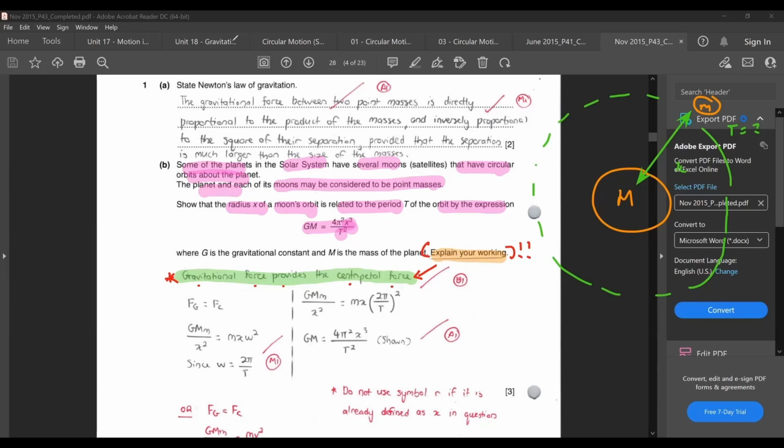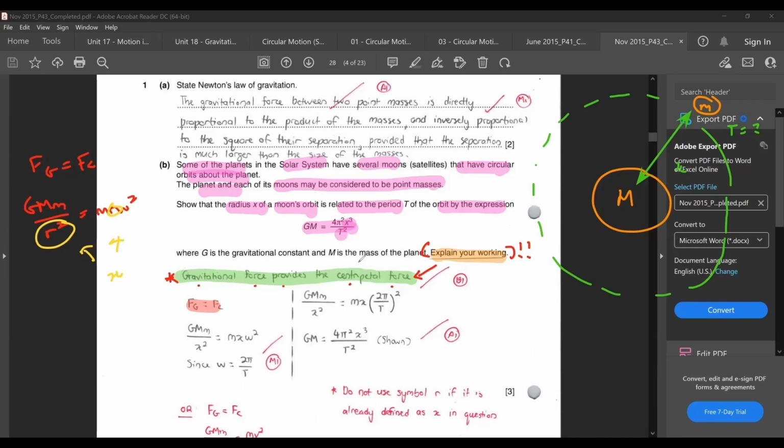All right. So the rest of it is just your derivation again, where you say Fg equals Fc. So you just say that GMm over R squared is mRω² from Fg equals Fc. The only thing you need to be careful of here is this, your R is actually your x now, okay?